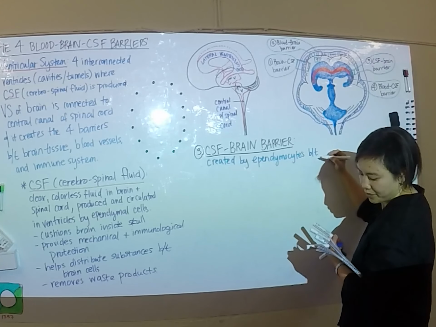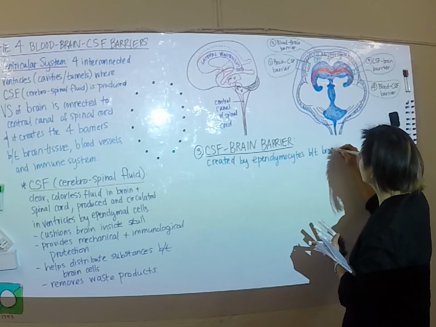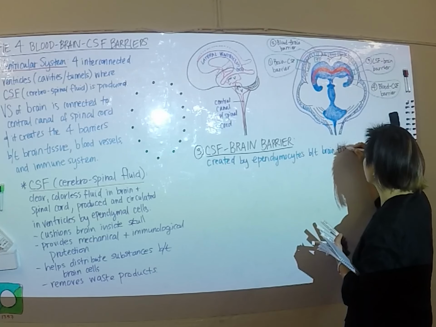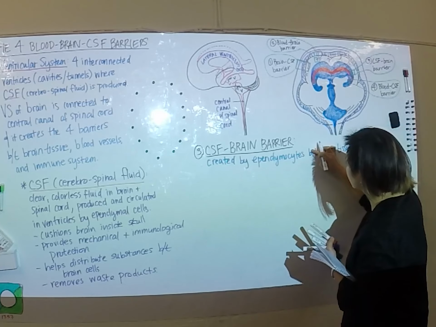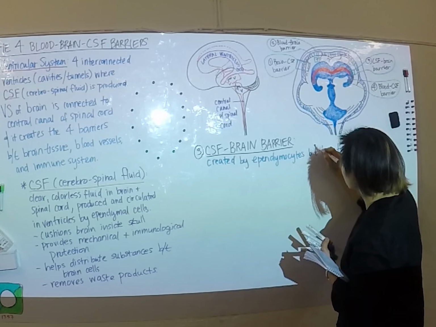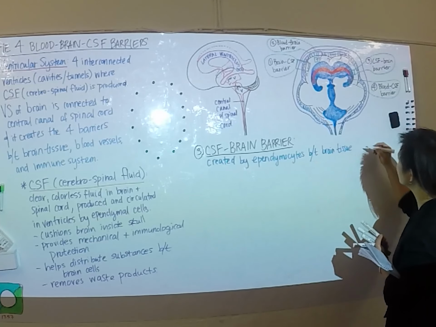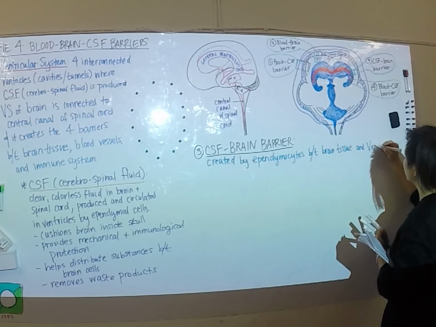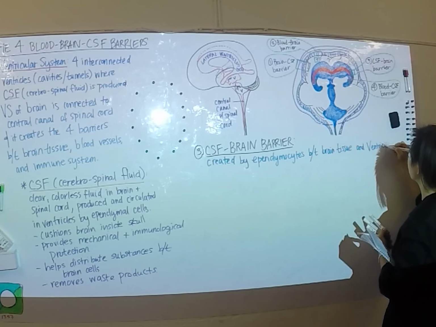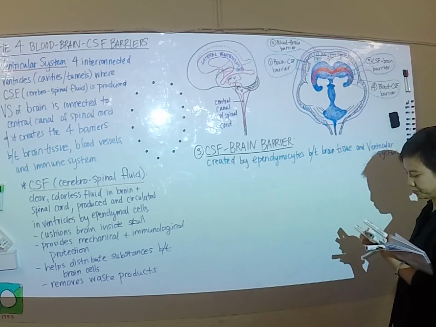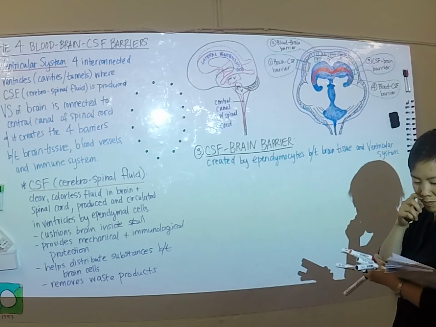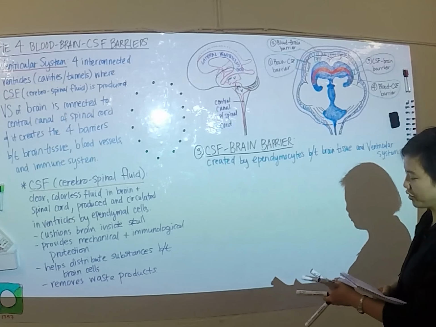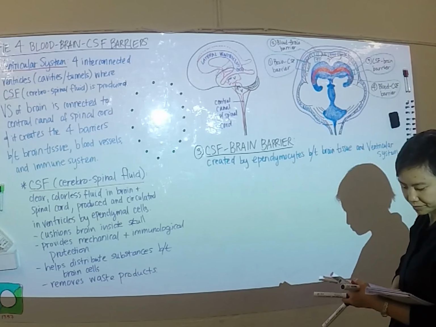Between brain tissue, sorry, this looks confusing. Between brain tissue and the ventricular system. Okay? So let's draw what this looks like.